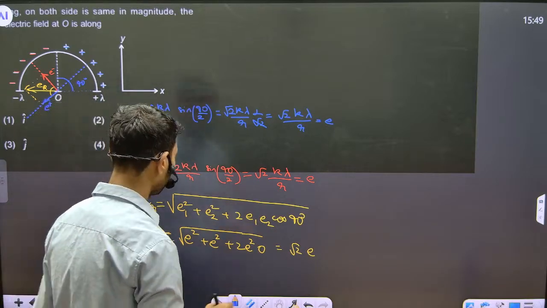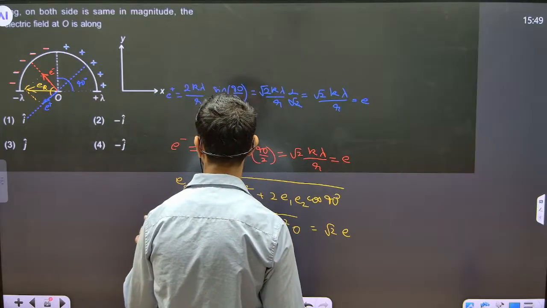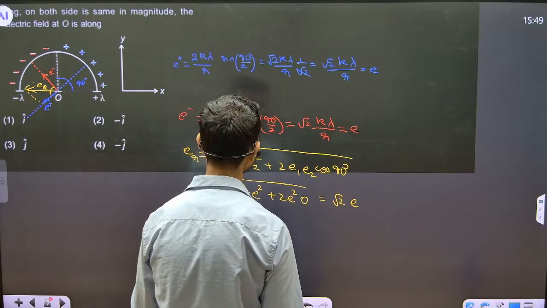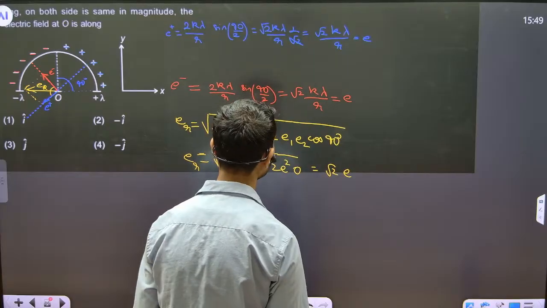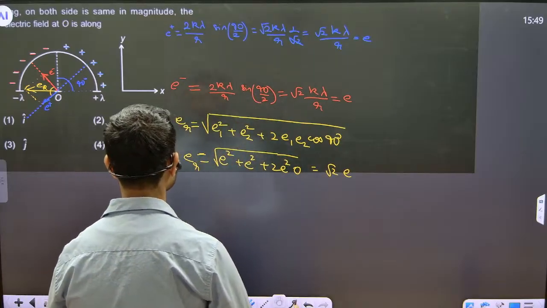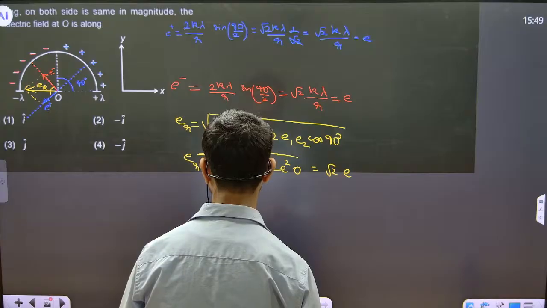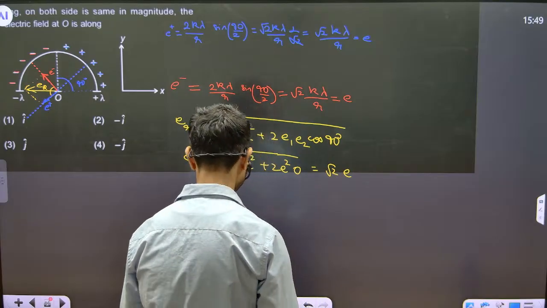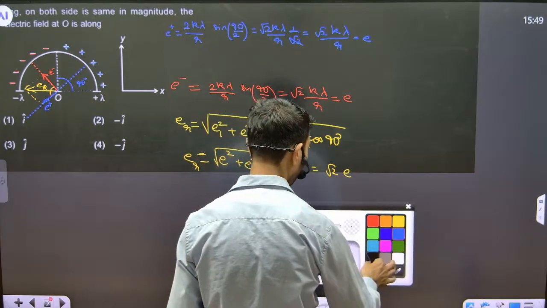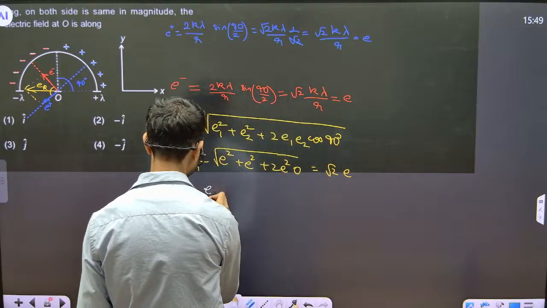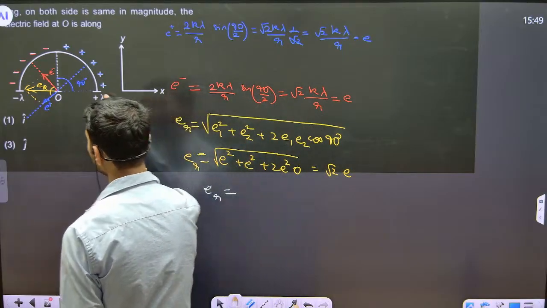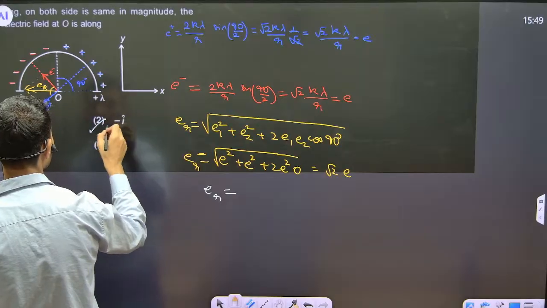Right. So this is our resultant electric field, ER equal to root 2E. If you plug in the value, first of all, it is coming in which direction? The left direction, right? So which option is correct?